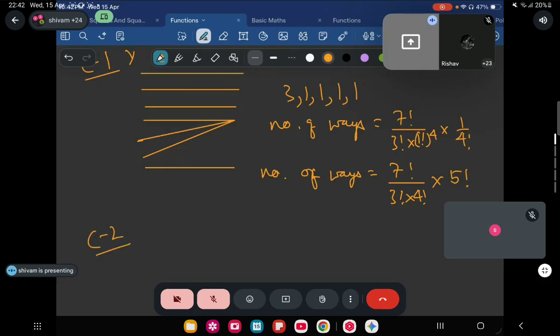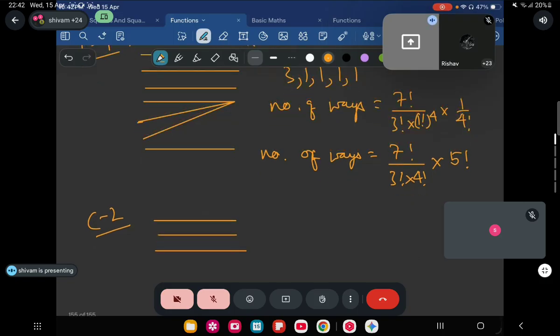Next, another way, case 2. Two particular elements are mapped to one element, and then again two particular elements are mapped to another element. So I think this is also another case. 1, 2, 3, 4, 5, 6, 7 and 1, 2, 3, 4, 5.